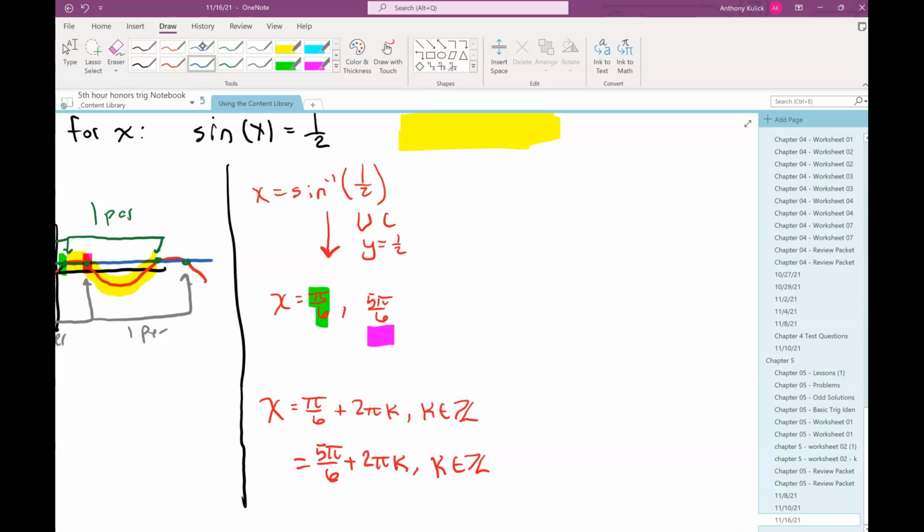Let's say hypothetically on this problem, instead of asking you to solve this over all real numbers, we gave you some kooky interval. Like, let's say that we wanted the x's from, I don't know, negative 5 pi over 2 to 11 pi over 2.